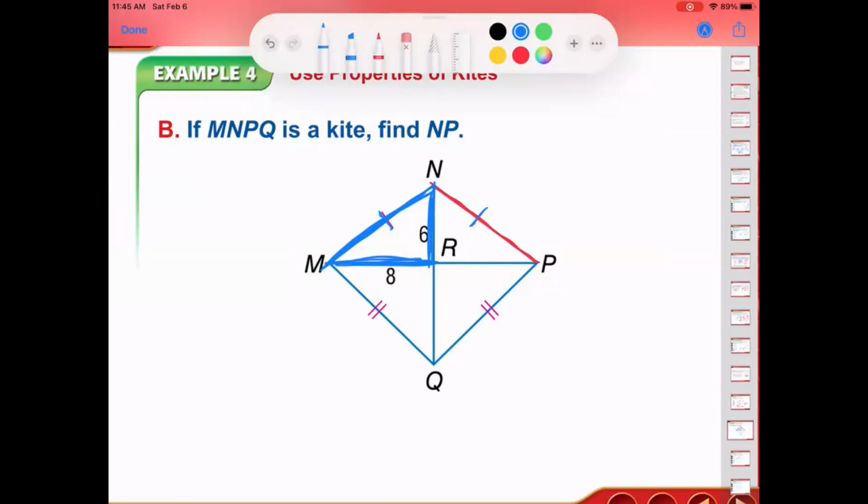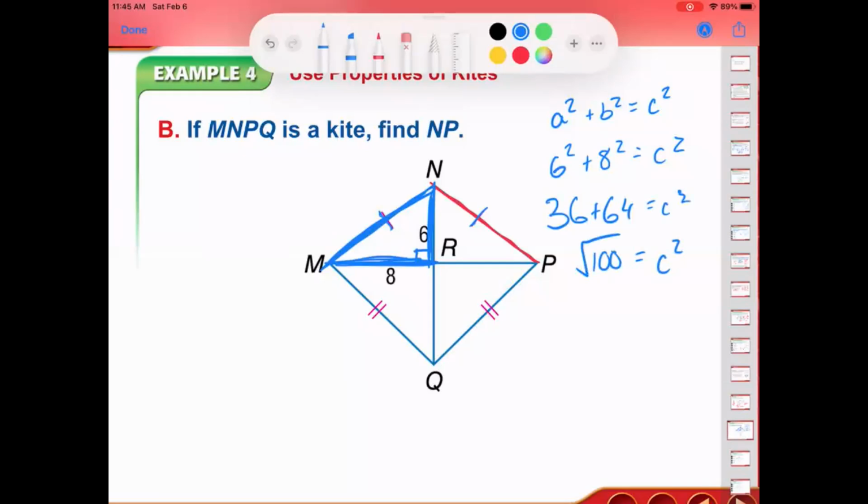So we're going to take our two shorter sides that are not opposite the 90-degree angle, and we're going to say a squared plus b squared equals c squared. So 6 squared plus 8 squared equals c squared, because Pythagoras says so, which means 36 plus 64 equals c squared, which means c squared equals 100.